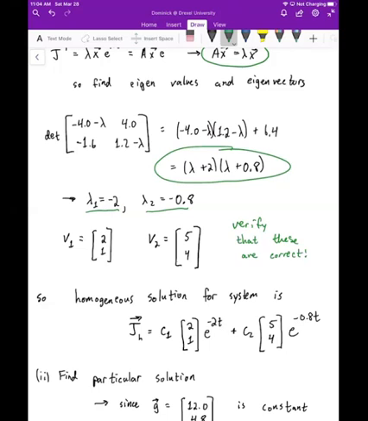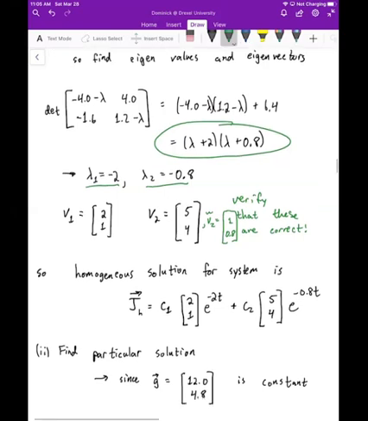So I just as easily could have made my V2, for example, 1 and 0.8. A lot of you like to have a 1 in there, and that's totally fine to use as an eigenvector. That's just going to change your C1 and C2 values later, but it will all work out to be the same at the end regardless of how you chose it.